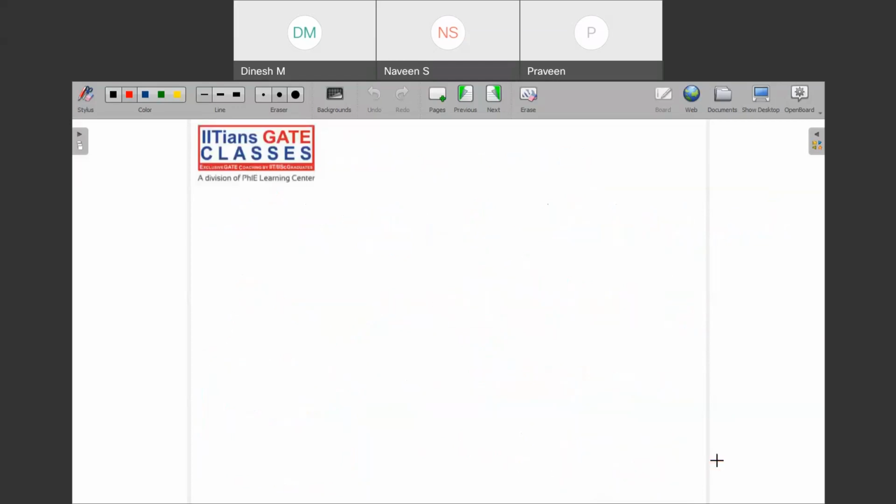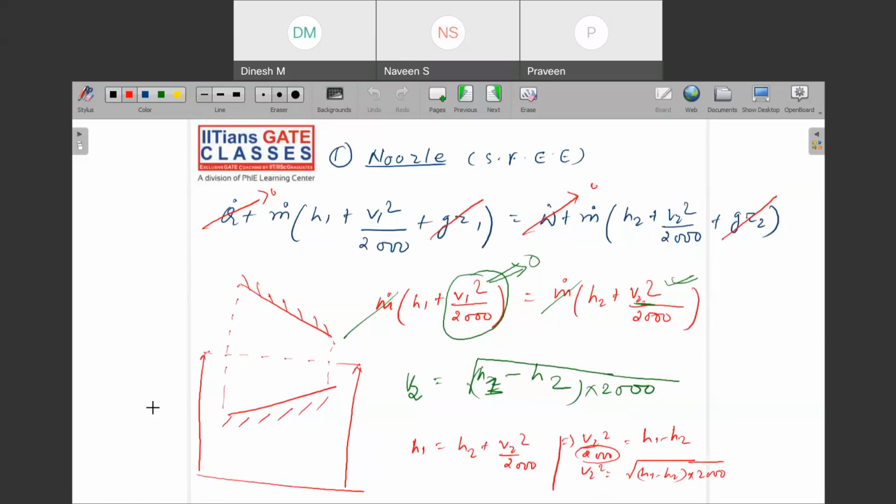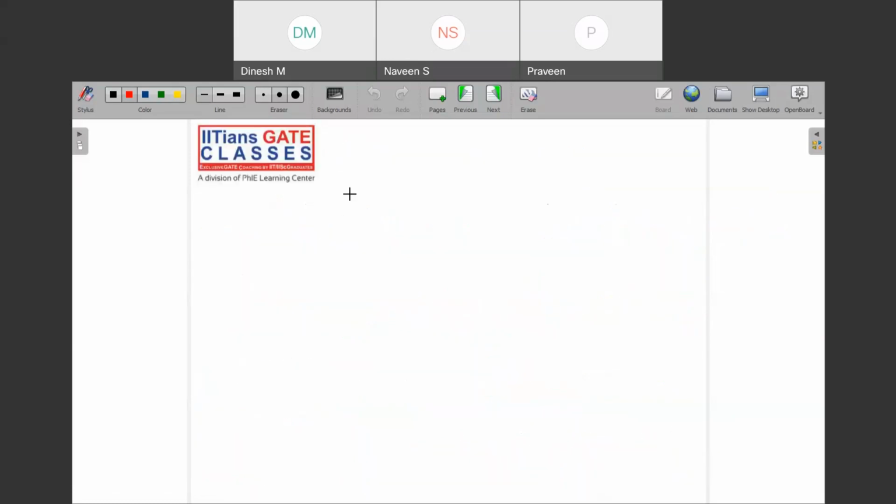Next, we can apply it to more devices. Like we have applied it for the nozzle, we can apply it for, let us say, the diffuser also. And in the diffuser, the only difference from what we have seen in the nozzle is that the diffuser is just the reverse of it. This is the diffuser. Okay.